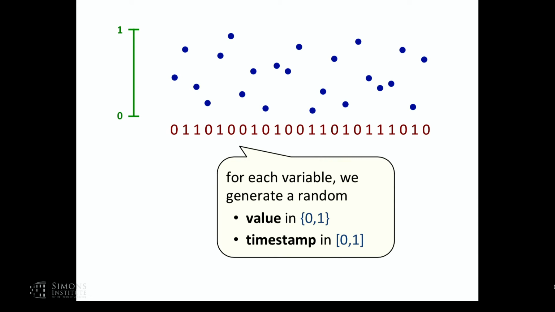So here's what this looks like. To generate a random restriction, for each variable, for each coordinate, we're going to take a random value in {0,1} and a random timestamp, which is uniform random in the interval [0,1]. So here's what that looks like. These blue dots are the timestamps, and here are the random values.